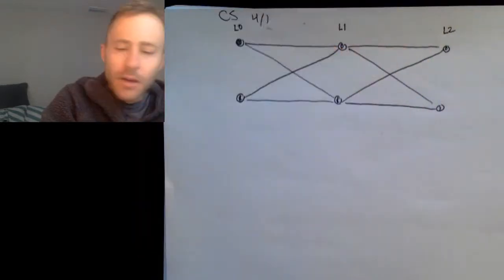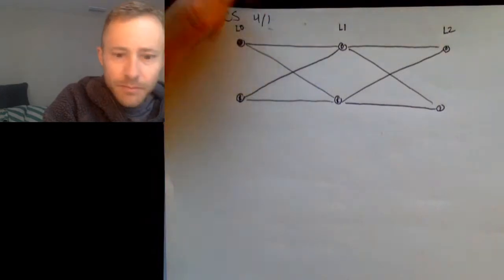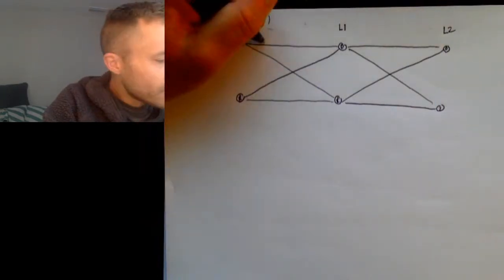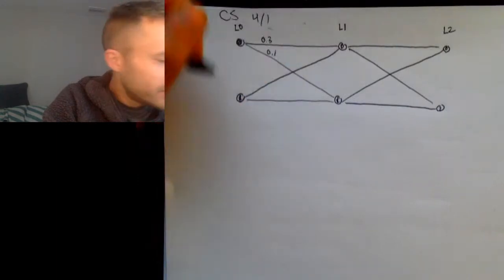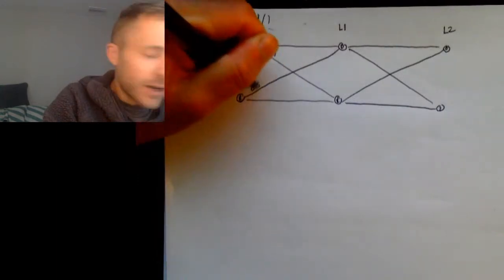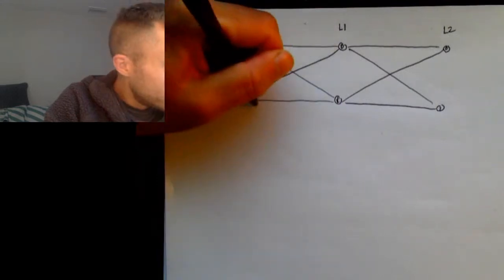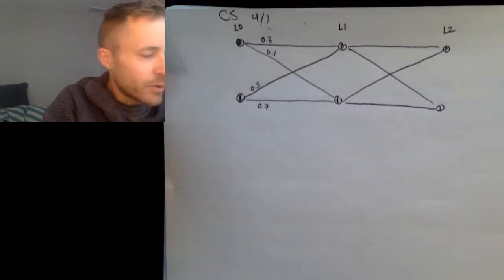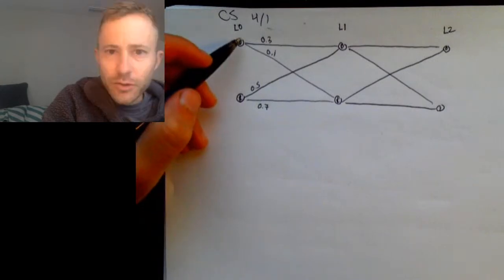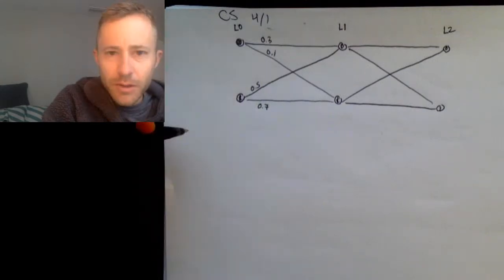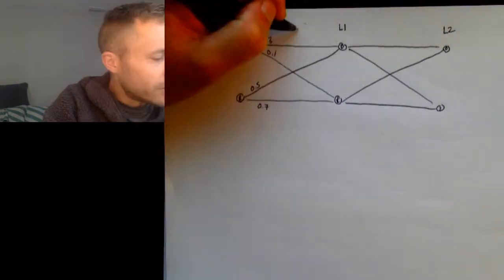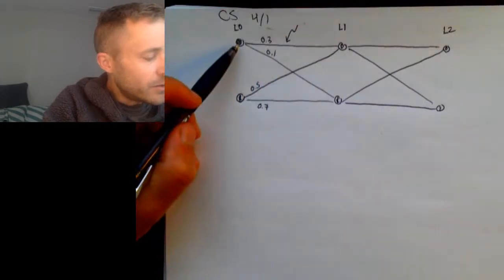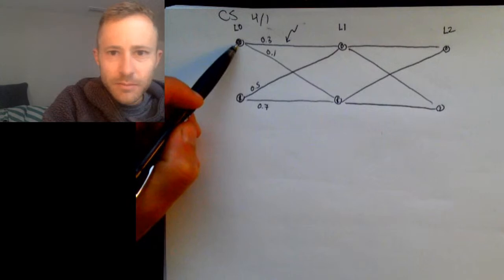Okay, and so let me give the link weights. So 0.3, 0.1, 0.5, 0.7. Just to remind you of the notation that we developed in the last class.